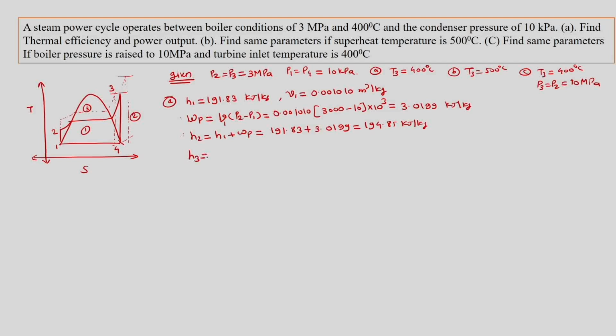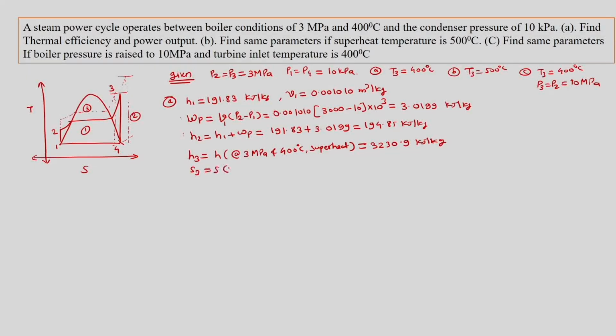So we have to go into the steam table and note down H3. At 3 megapascal and 400 degrees Celsius superheat condition, H3 is 3230.9 kilojoule per kg.